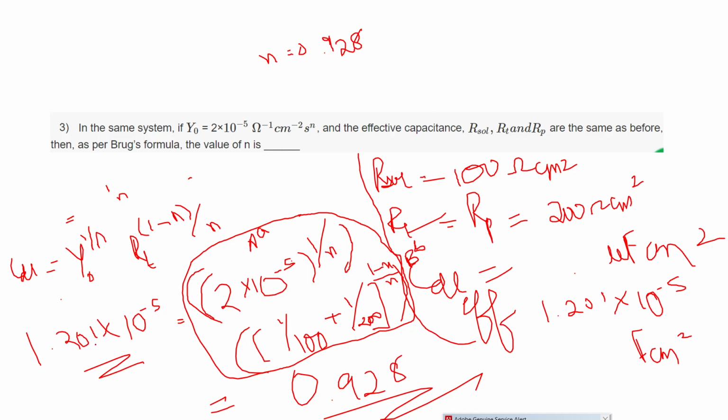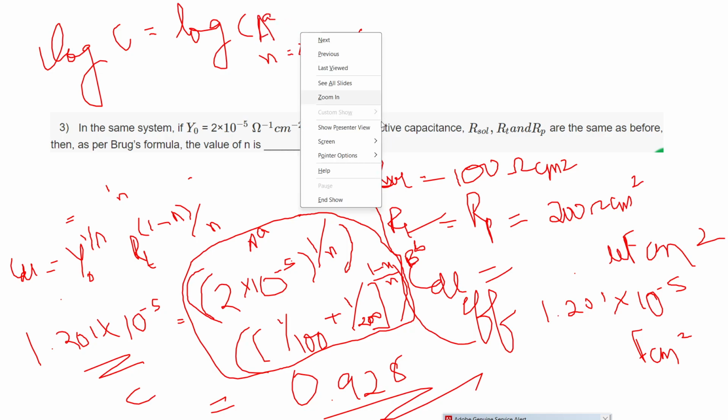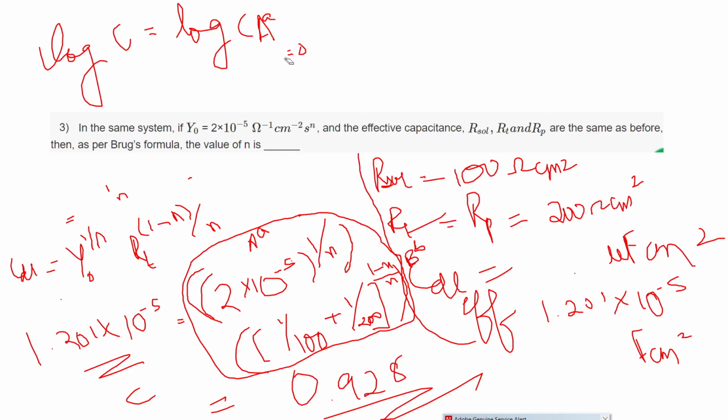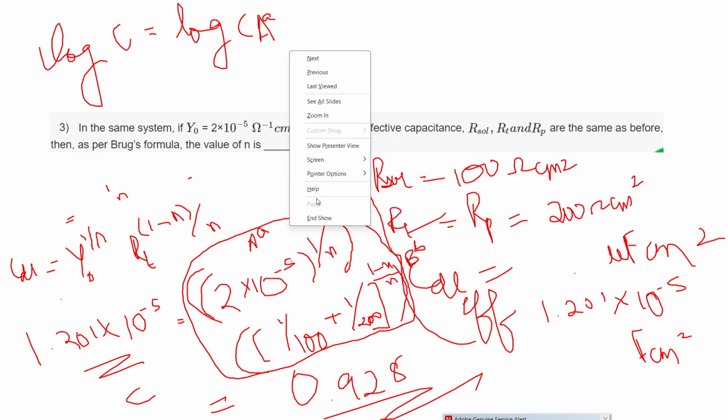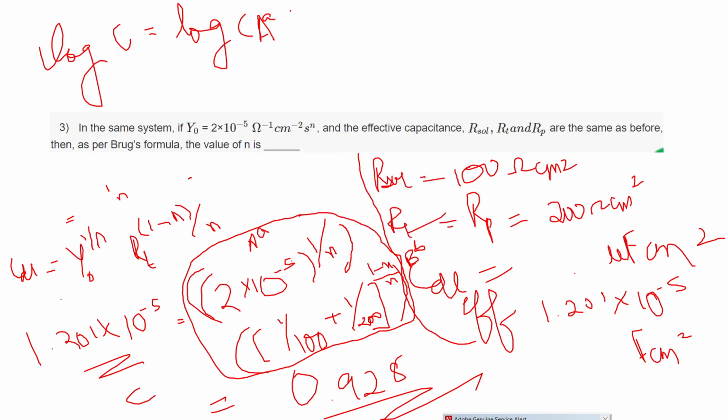So here also you have something. Let me say this is C. I can do log C equal to log of a to the power a, b to the power b.